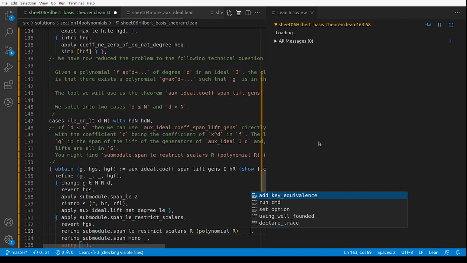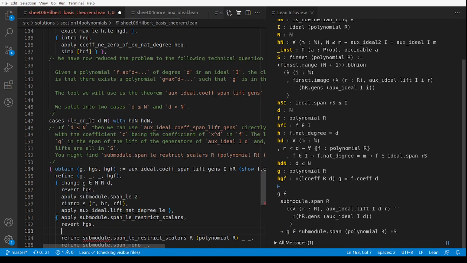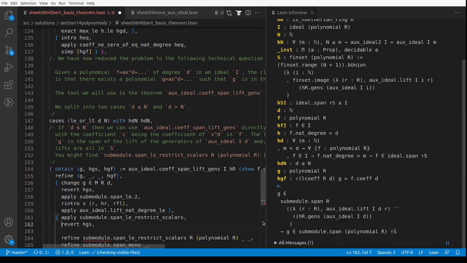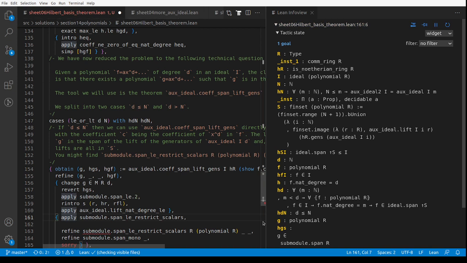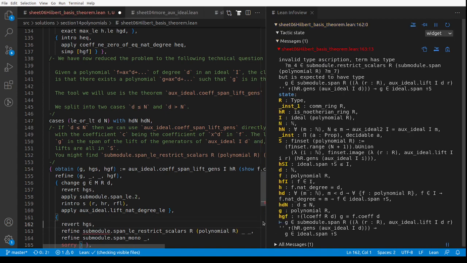No. So well. Okay. So I need the revert here. What have I done? Where's the revert gone? Can I get rid of that? Does this work? Right.